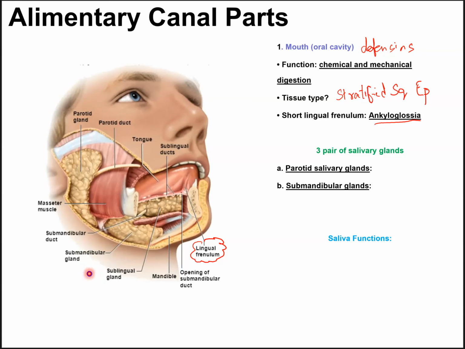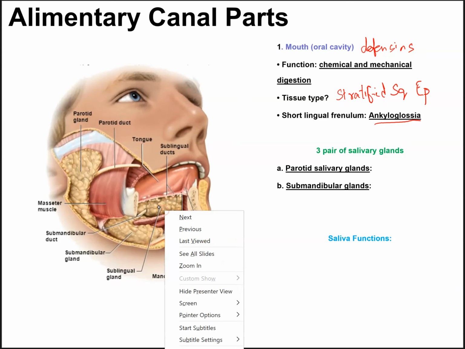The submandibular gland is adjacent to the mandible, and the third gland is the sublingual gland, which is right under the tongue that you see right here. All of these 3 glands are exocrine glands because they secrete saliva into a salivary duct and then it is taken to the mouth.